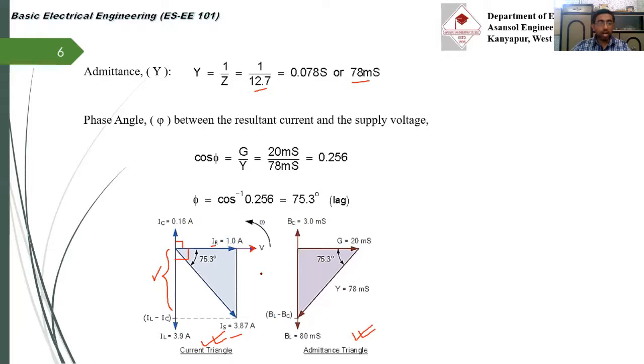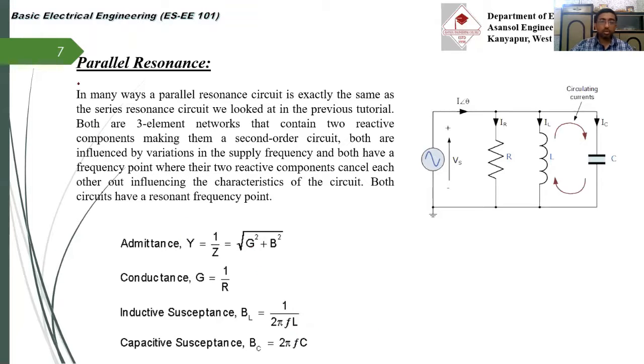Okay, so now let's start today's topic, that is parallel resonance. In many ways, a parallel resonance circuit is exactly the same as the series resonance circuit. We looked at it in the previous tutorial. Both are three element networks that contain two reactive components. What are the reactive components?